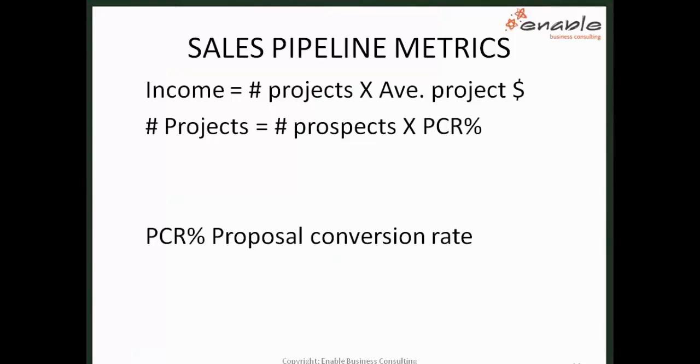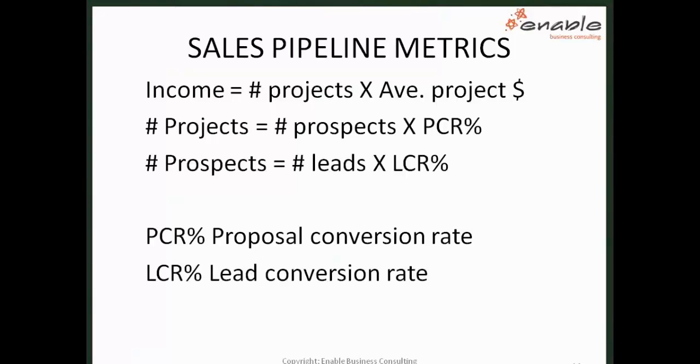So what's the number of projects? Well, that's the number of prospects that you have, and by prospects, I mean those that you have completed a proposal for, times your proposal conversion rate. So your PCR, that's how successful you are at converting those prospects into clients. But what's your number of prospects? Well, that's the number of leads.